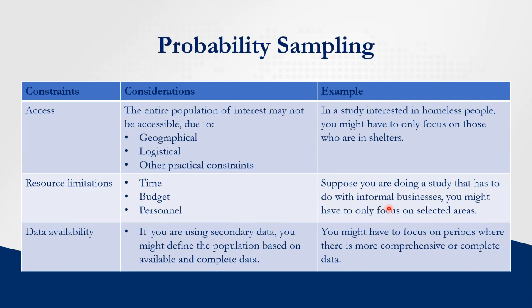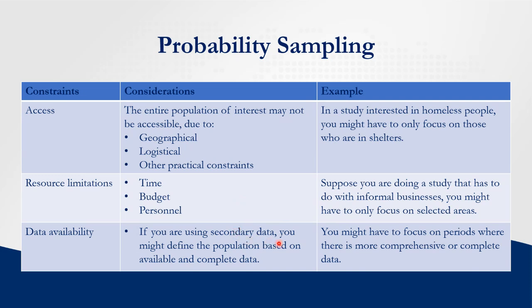To say you're going to do informal businesses in the city of Tshwane, when you don't have a list, the way you are going to identify them is by walking around. It's not going to be feasible for you to cover. If you say city of Tshwane, your coverage is just going to be very poor. So you need to think about these practicalities when you decide on the approach.